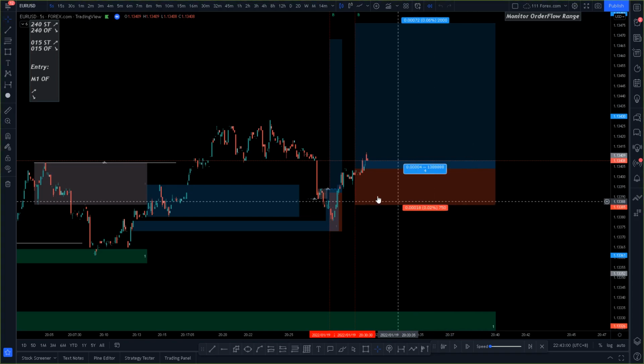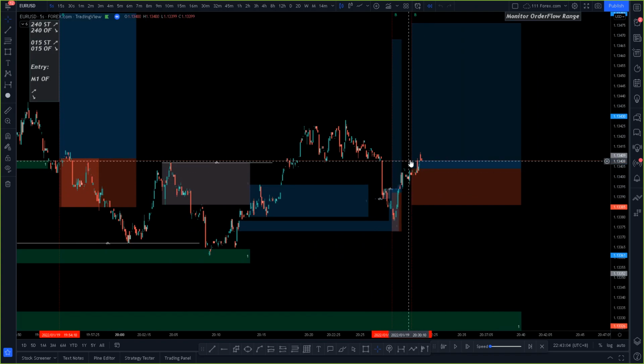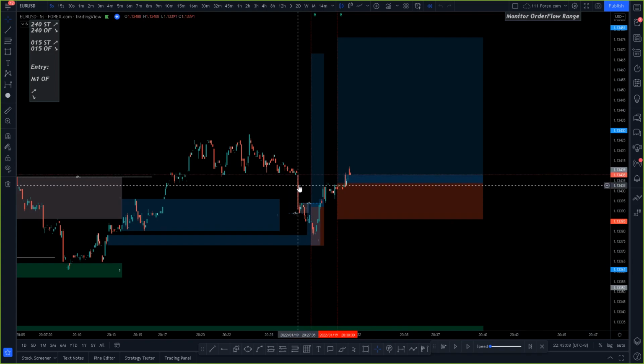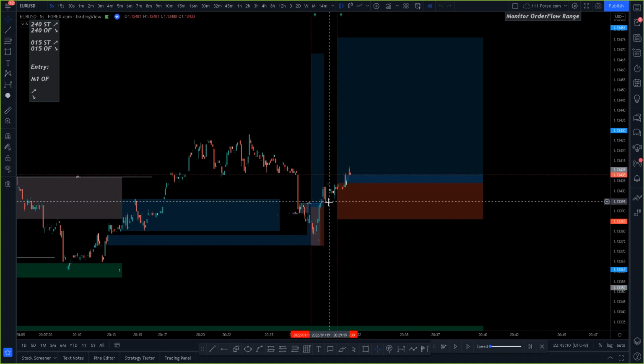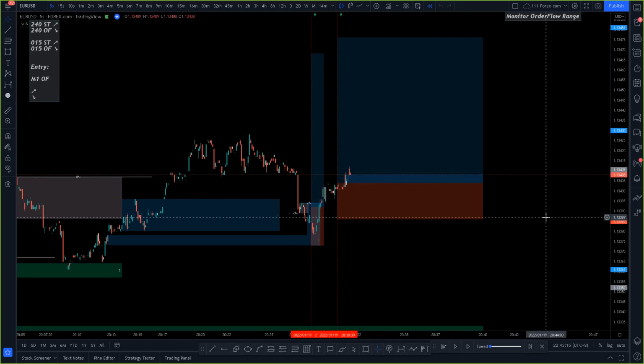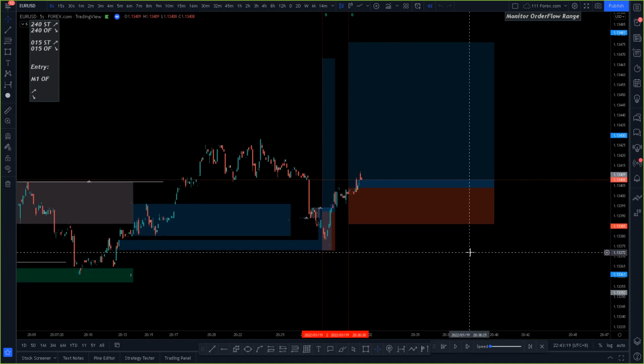I was just trying to catch, like, following the order flow. I assume that it had mitigated here and would go, so I went here. Yep, that was the idea.